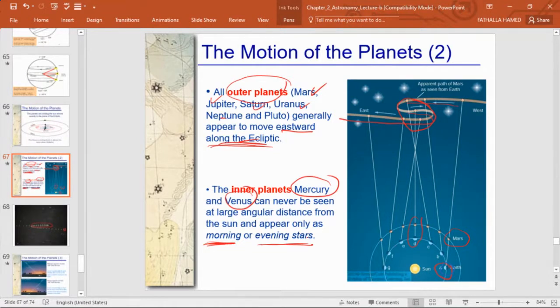Now, the word planet itself means a wandering star. So a long time ago, when they looked at the planets, they did not really look at them as being planets, but they actually thought it's a star. But there was something strange about these, because remember when we talked about constellations, we said a constellation is a group of stars and they seem to move as one group.